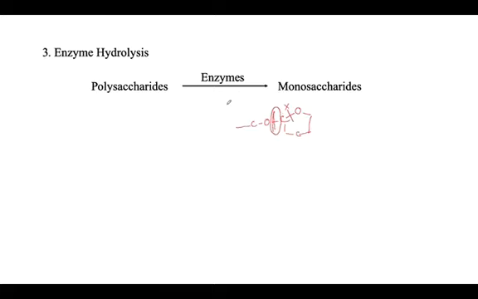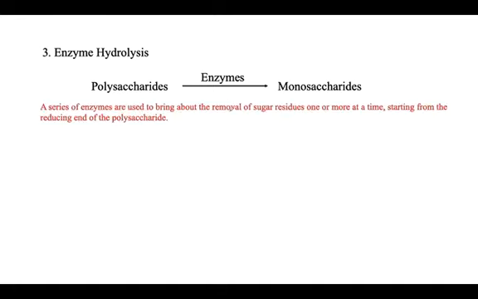And then, due to their specific nature, sometimes we use a series of enzymes, because enzymes have the characteristic that they act on specific reactions, specific bonds. So we use a number of enzymes in series to remove the sugar residues one by one, or more than one at the same time.